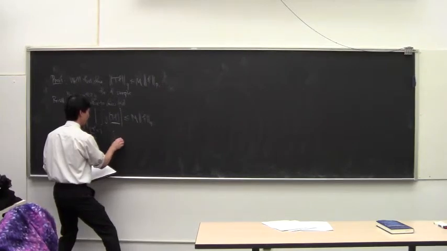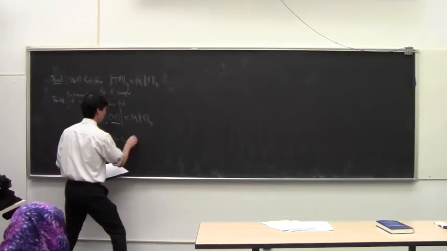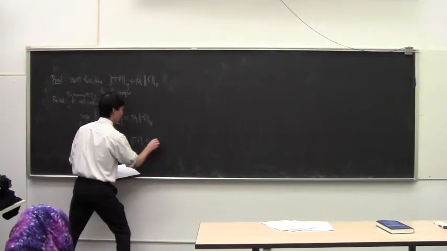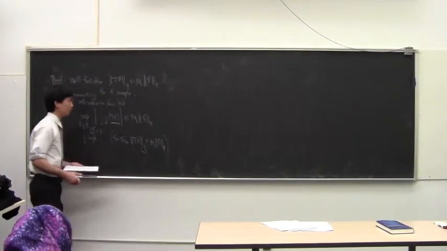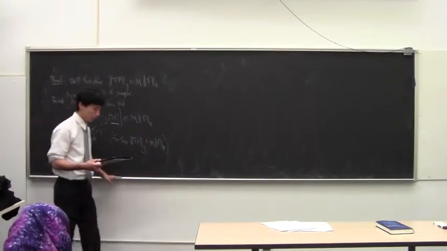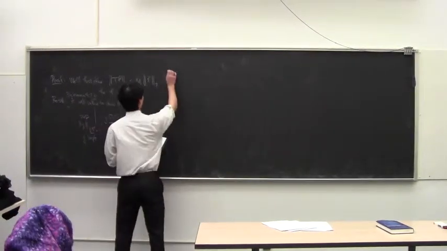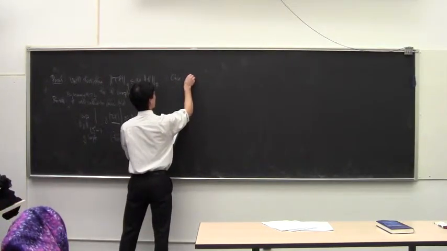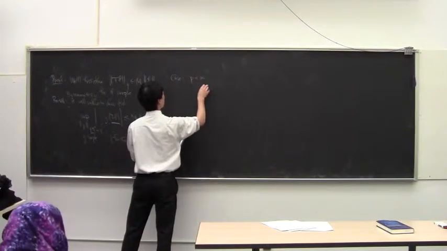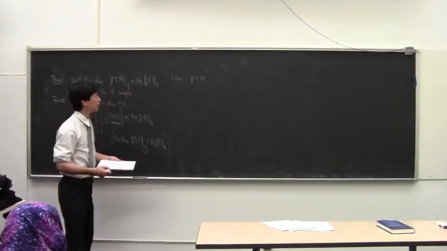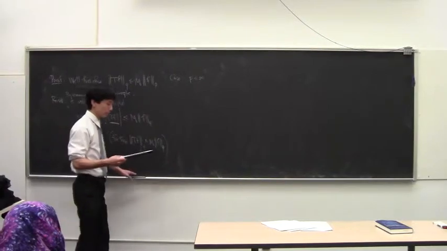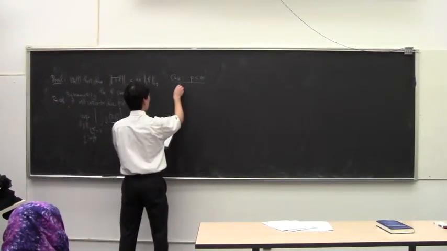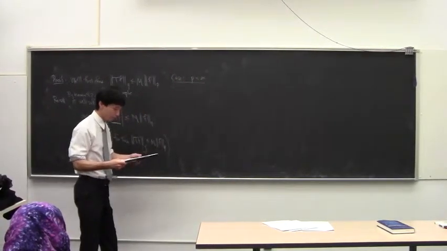The LQ norm of TF is controlled by M times the LP norm of F. We're going to do this in the case P is less than infinity. So Q is bigger than 1 since they're dual to each other. This is a pretty clever proof.